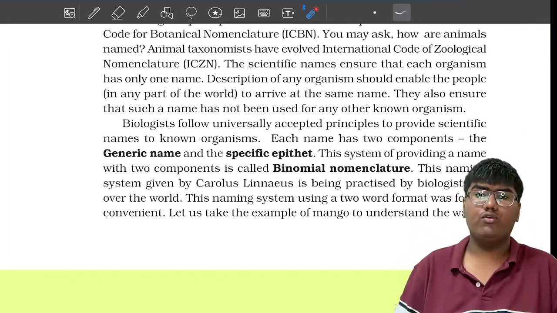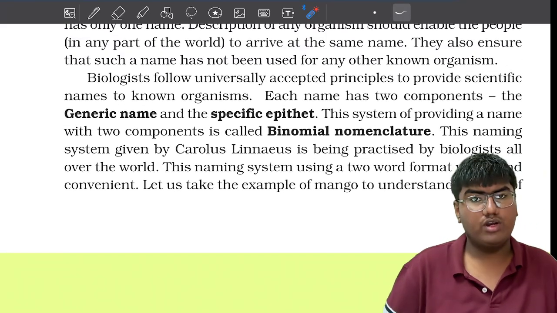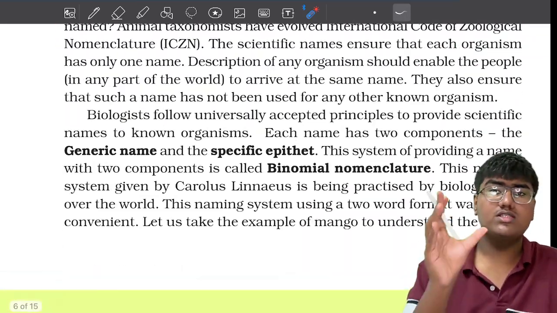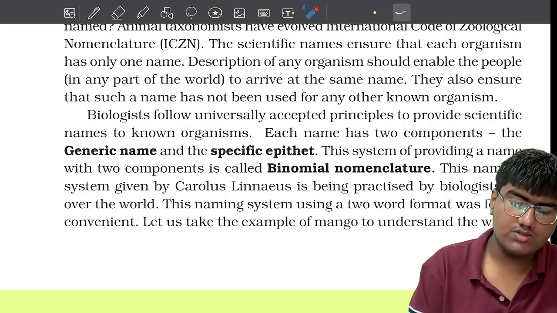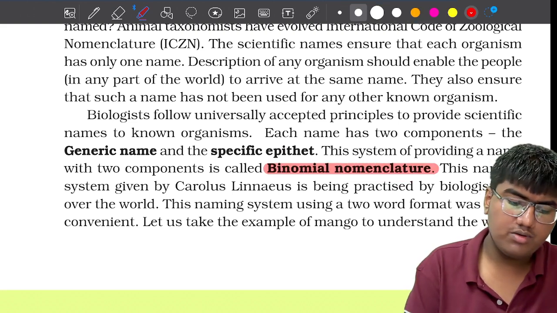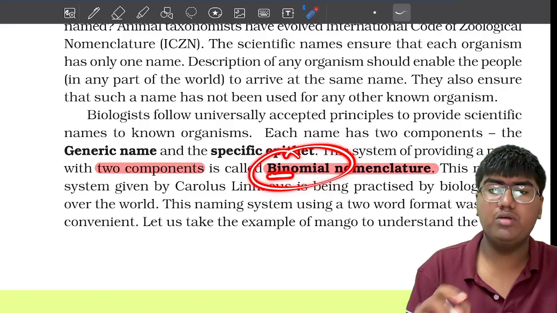Biologists follow universally accepted principles to provide scientific names to organisms. Biologists have started to give a standardized naming procedure, that is nothing but binomial nomenclature. This system has two components. The word binomial means two.